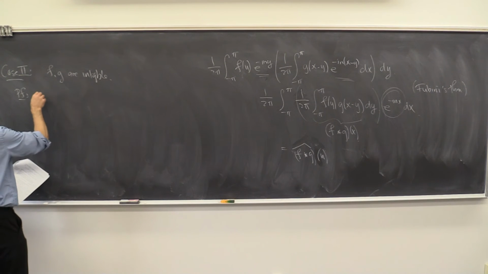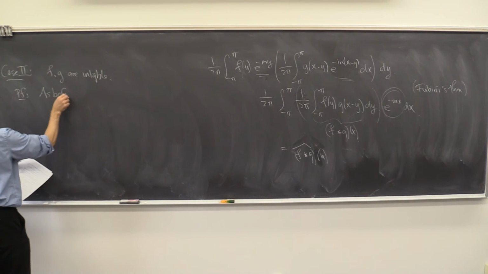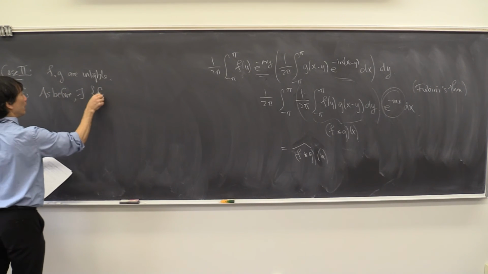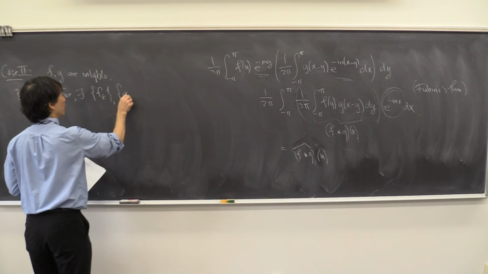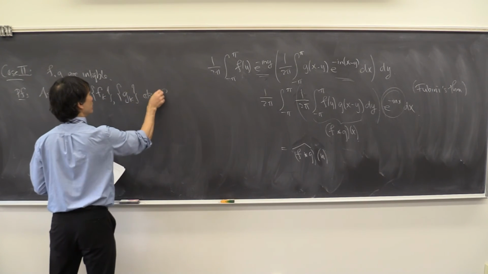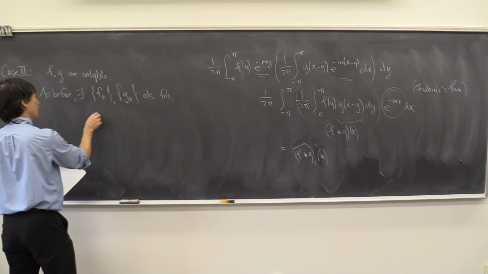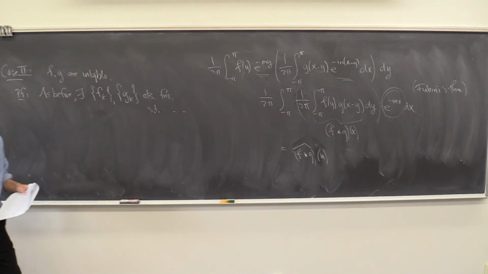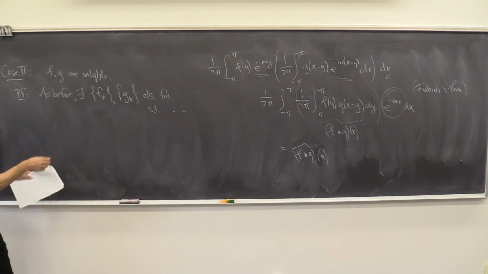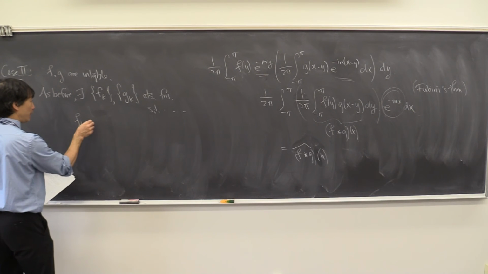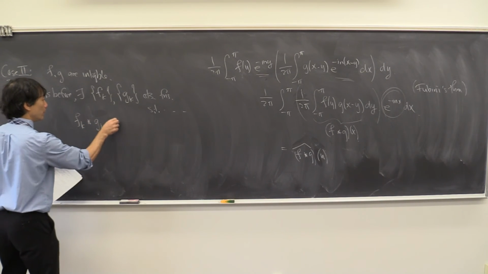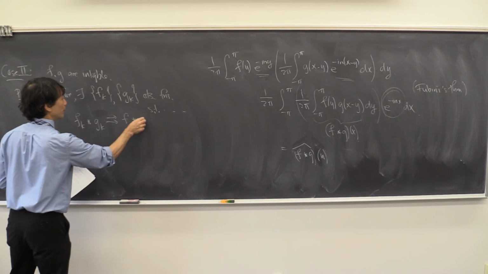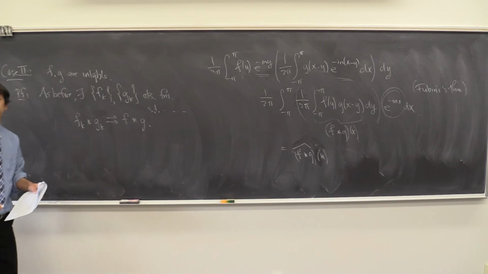There exist f_k and g_k continuous functions such that, most importantly, f_k convolved with g_k converges uniformly to f convolved with g.